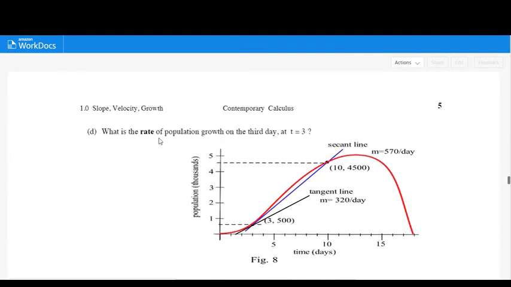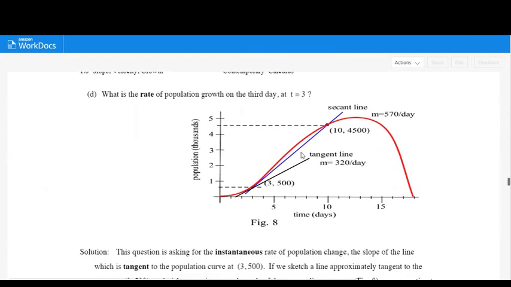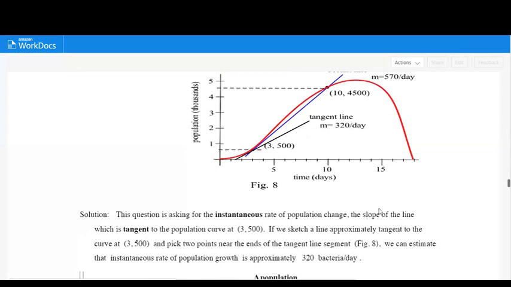Next is what is the rate of population growth on the third day at t equals to 3. So here we are to find the instantaneous rate of the population change. So kumbaga tangent line. Okay? So the slope of the line which is tangent to the population curve at 3 and then 500. So dito siya 3 and then 500.